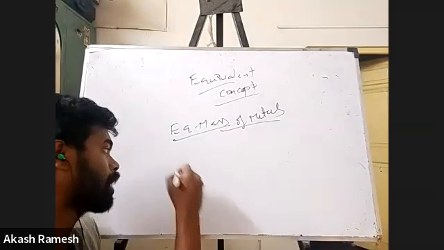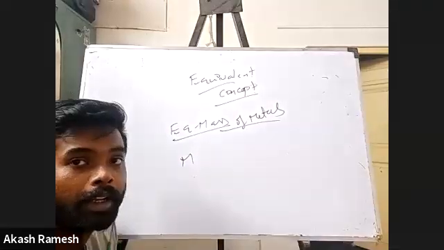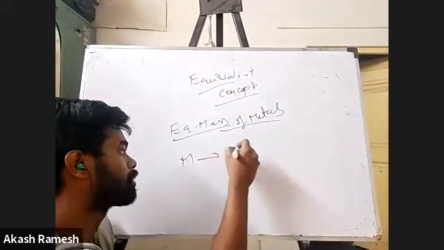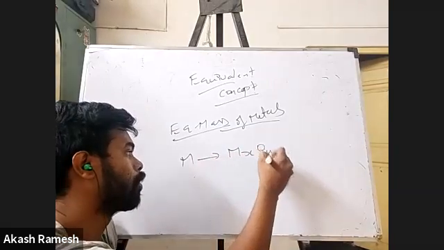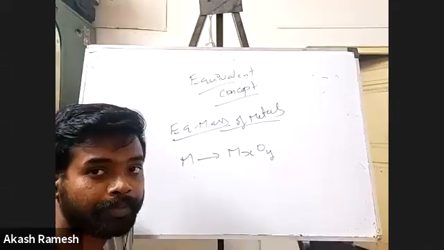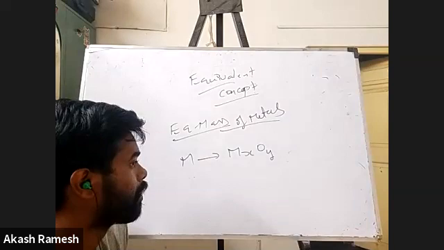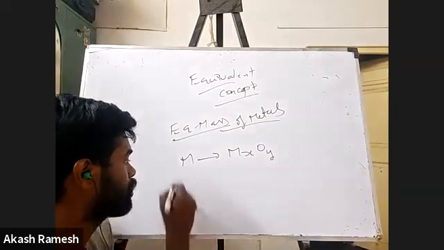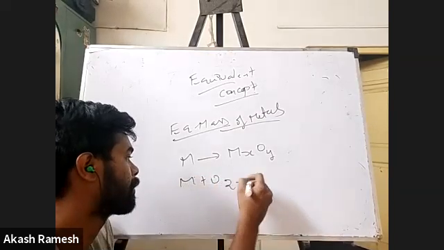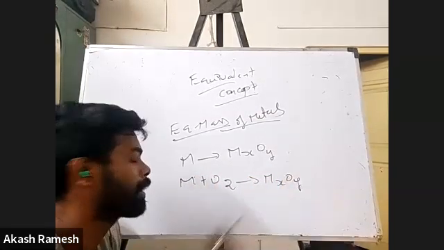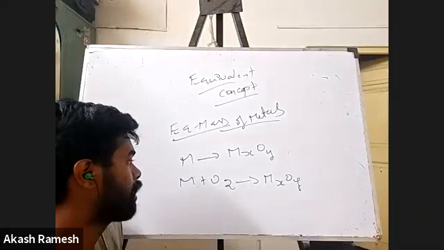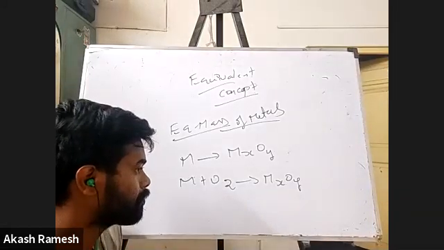Right. So I have a metal, which is going to form an oxide, MxOy. This metal obviously has to react with some amount of oxygen to form this MxOy, right?